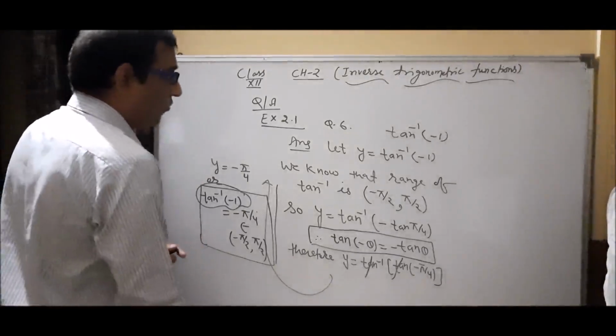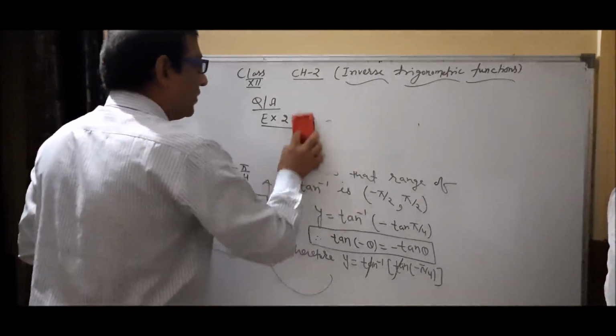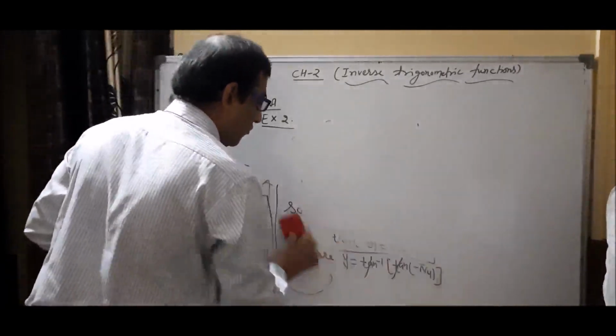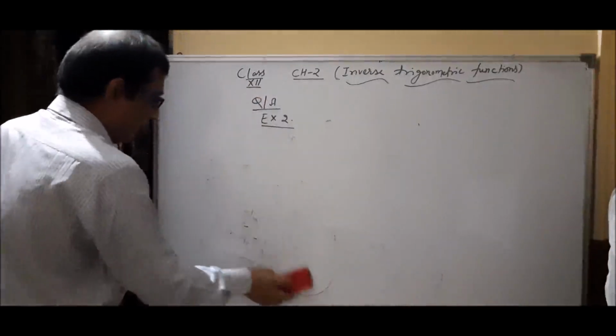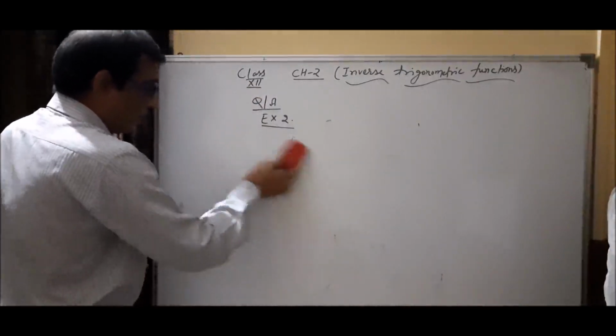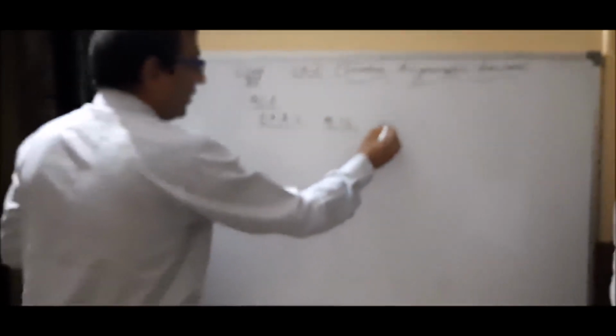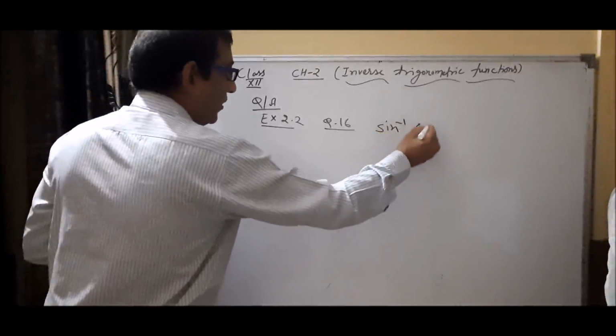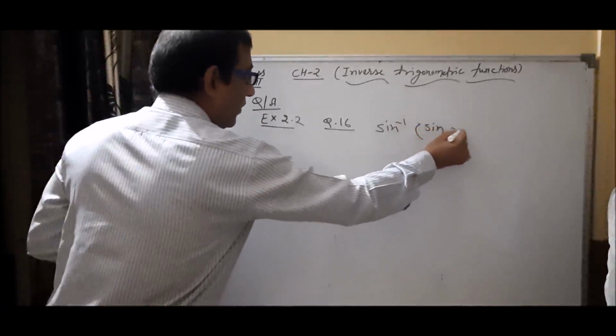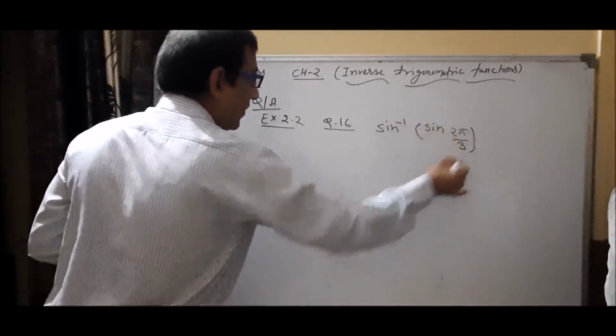Now I am taking one more question which is related with exercise 2.2, and the question number is 16. This is exercise 2.2, question number 16, and this time we have to calculate the principal value branch or value of this type of inverse trigonometric function.